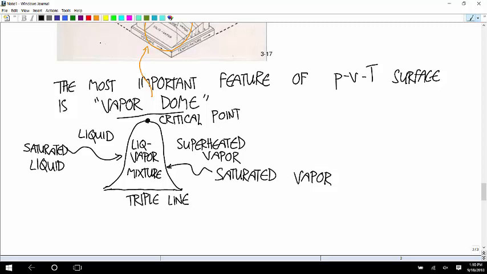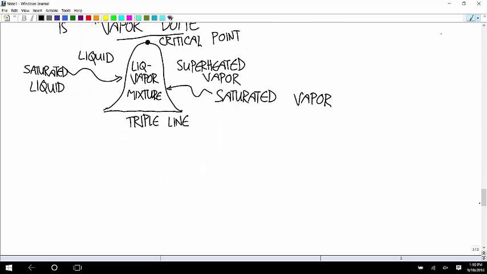Okay, so let's talk about what all these different things mean. So first, the triple line means solid, liquid, and vapor. All three exist in equilibrium.